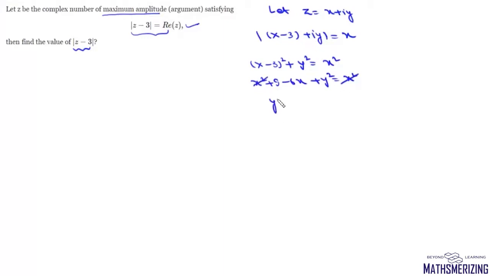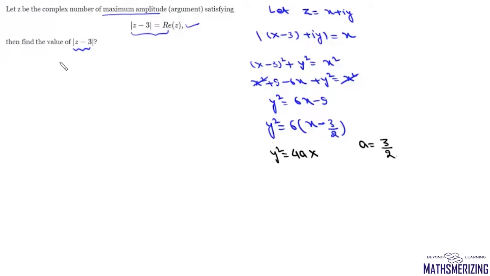So we'll write y square equals 6x minus 9, or y square is 6 times (x minus 3 by 2). If we compare it with the standard parabola, then it will be y square equals 4aX. Now in this case, value of a is simply 3 by 2. So we have this parabola whose vertex is at (3 by 2, 0).